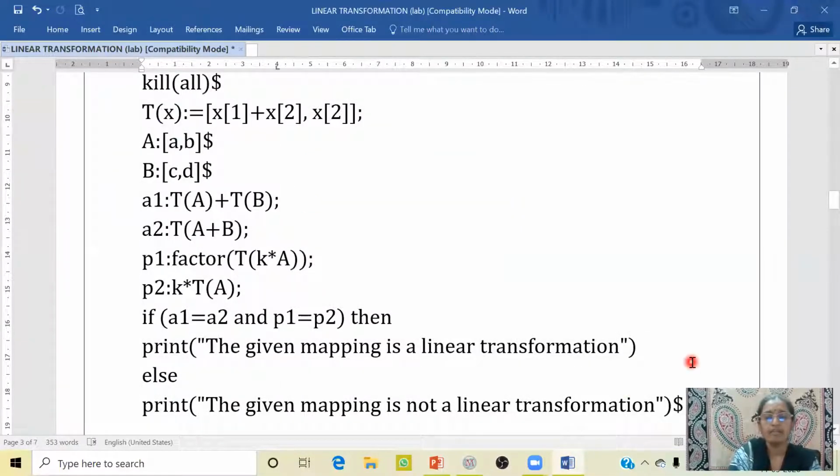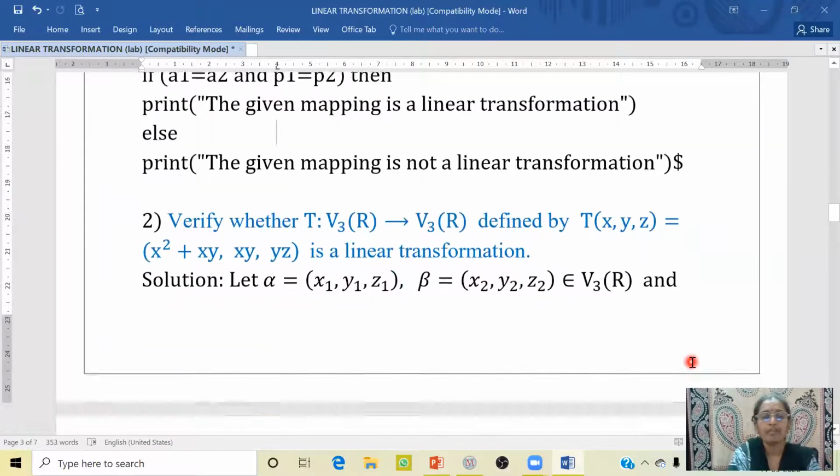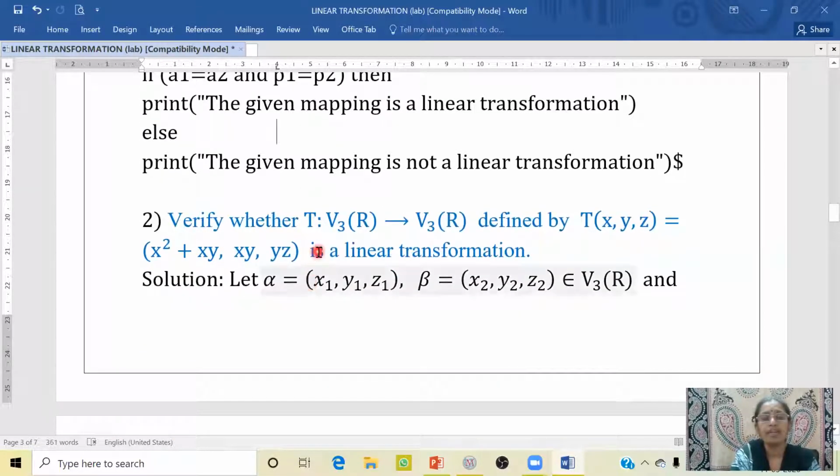Now let us see one more example. Verify whether T from R3 to R3, that is from 3 dimension to 3 dimension, defined by T of x comma y comma z is equal to x square plus xy comma xy comma yz is a linear transformation.